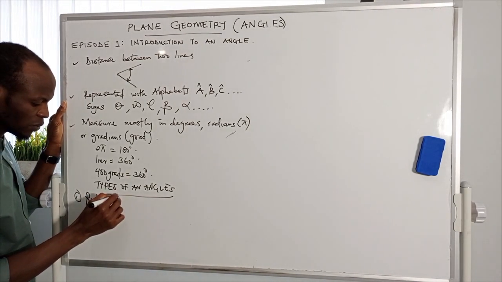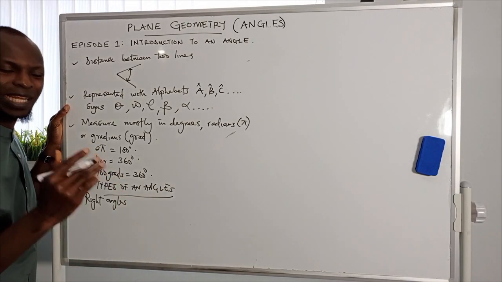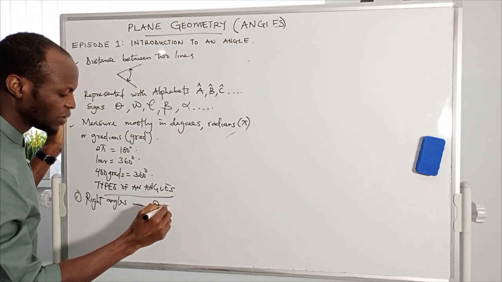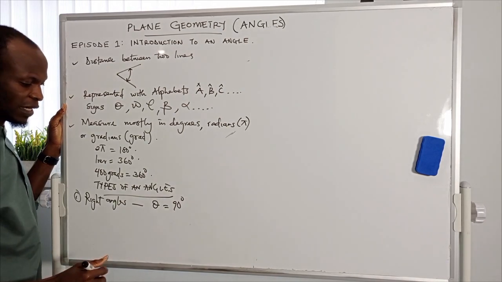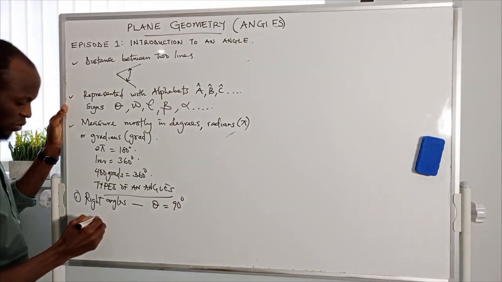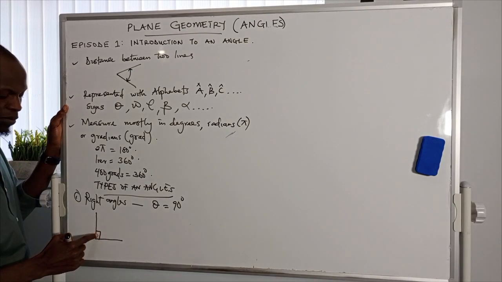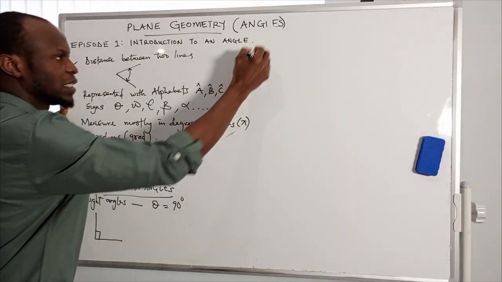Right angles are angles that are equals to 90 degree. Any angle that is equals to 90 degree is known as a right angle. And you can see us most of the time when you see a diagram and you're seeing this, it means that this angle is equals to 90 degree.